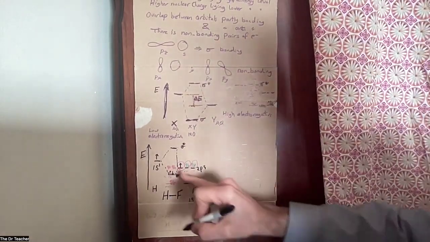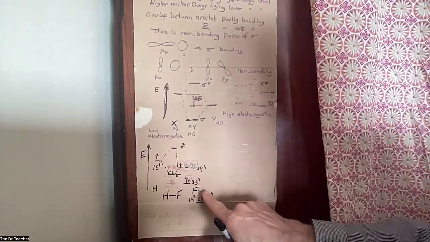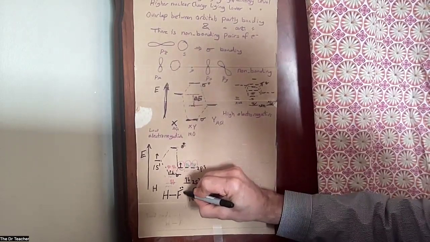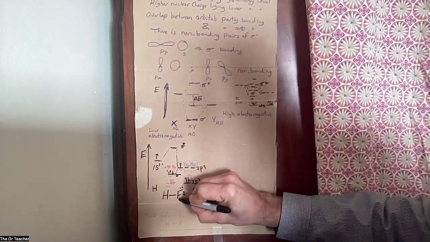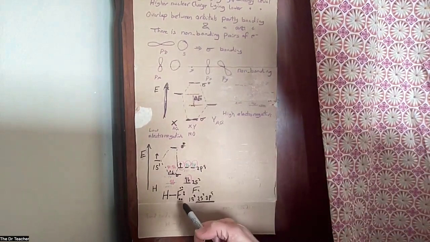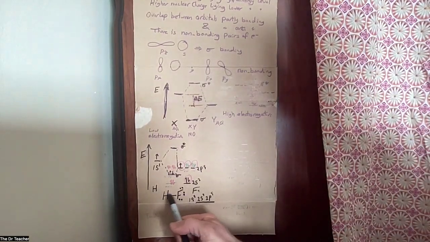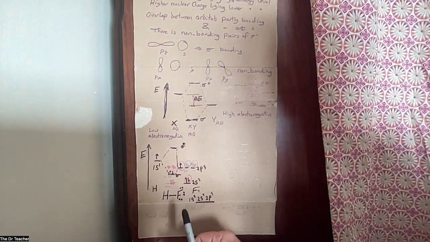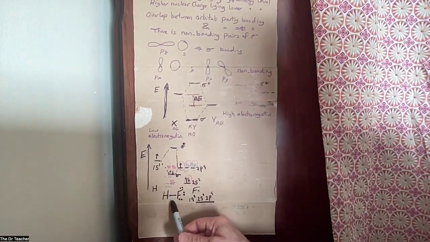What about the others? How can we deal with the other 6 electrons belonging to the fluorine? We leave them as lone pairs, 3 lone pairs around the fluorine. So now you have here the single bond, this is the bonding, and these 3 lone pairs non-bonding. So the bond order here is 1.